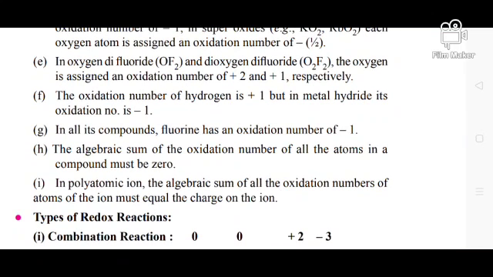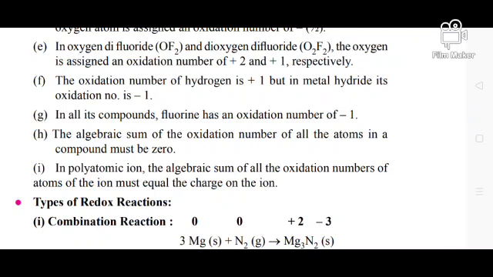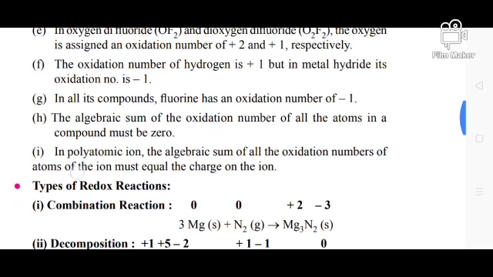In oxygen difluoride, the oxidation number of oxygen is +2, whereas in dioxygen difluoride, the oxidation number of oxygen is +1. So the general idea is that when we find an atom more electronegative than oxygen, then oxygen acts as the electropositive element, and the oxidation number changes there.